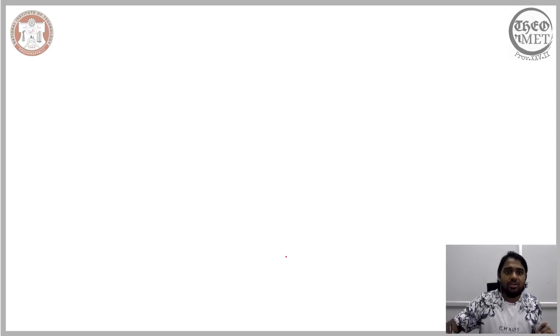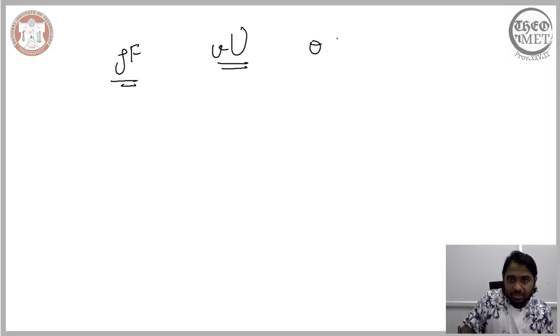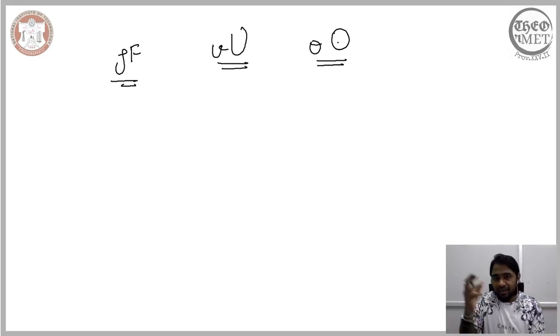So essentially this expression talks about the amount of undersized particles that are present in the feed, this term talks about the amount of undersized particles that are separated, and this term talks about the amount of undersized particles that are undesirably removed along with the oversized particles.